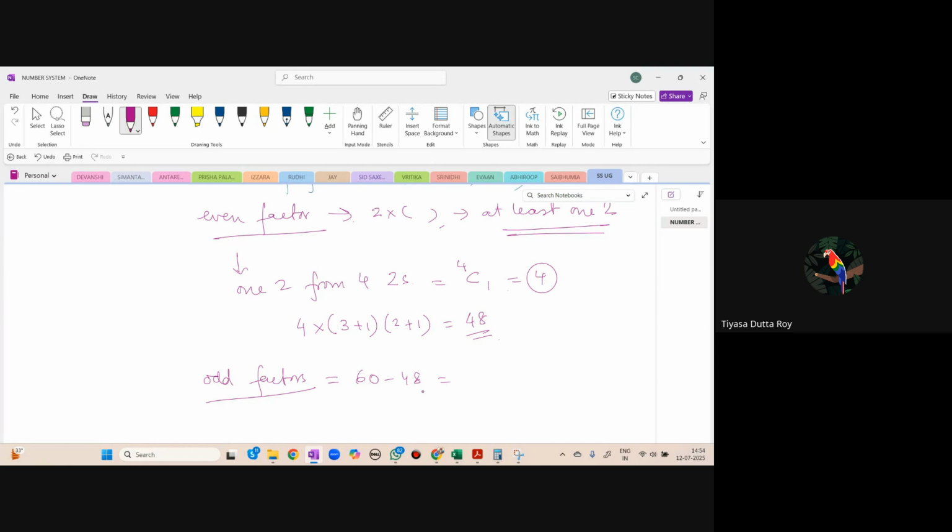So simple. Don't try to calculate odd factors directly, there is a chance of making a mistake. If I omit the terms of 2 to the power 4 and just multiply (3 plus 1) into (2 plus 1), that is correct too. Either you do it like this or that. The answer will be 12.